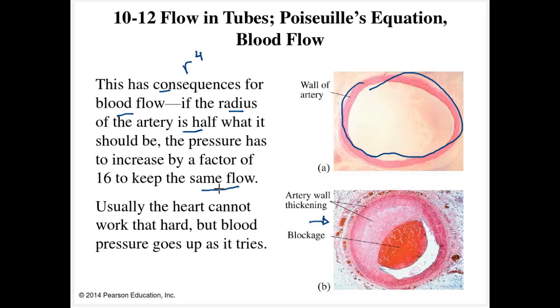We need the same flow rate because we need to get the same amount of oxygen to our brain and to our muscles. So the pressure has to increase by 2 to the fourth power, or 16. So this is when we start to see problems with the heart, because the heart just simply cannot work that hard for a long period of time, and blood pressure is going to go up as it tries to maintain the same flow rate.